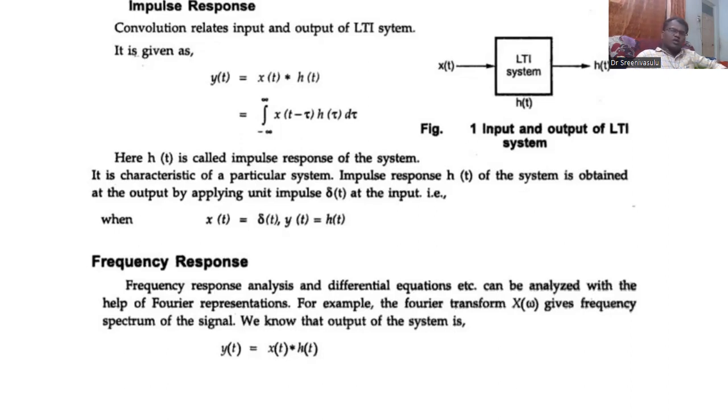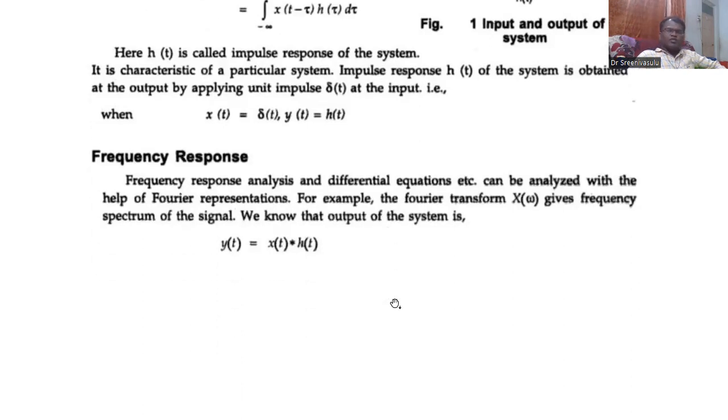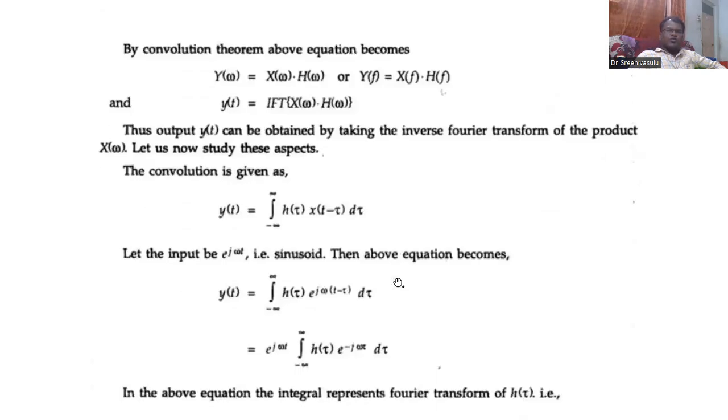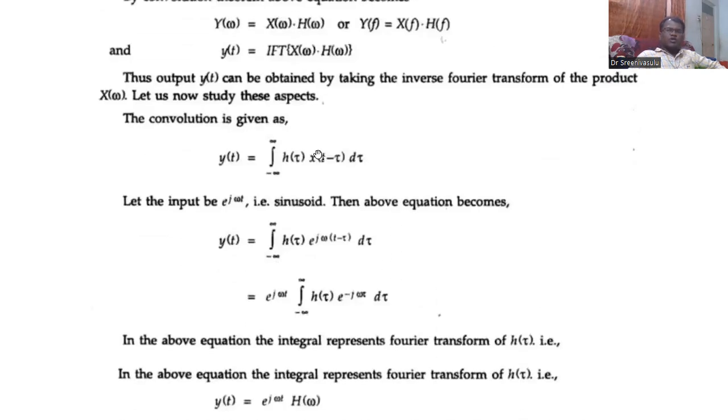So the relationship between input and output for an LTI system, that equation I am considering again here. Y of t is equal to x of t convolution with h of t. Now, if we apply Fourier transform on both sides, y of t Fourier transform is y of omega, and we know according to the convolution time domain property, convolution in time is multiplication in frequency domain.